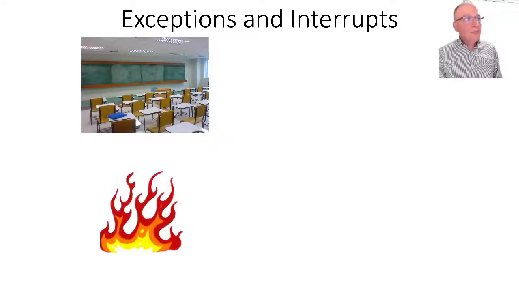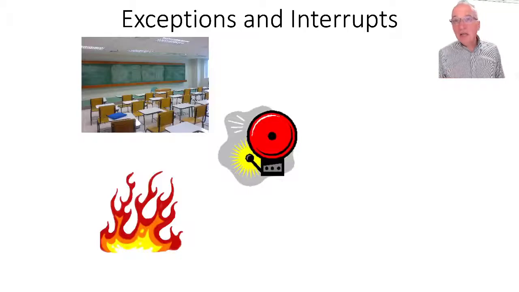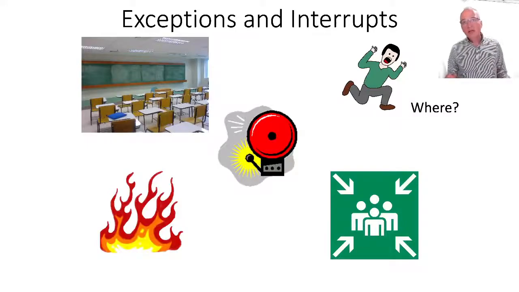The sequence of events is that an alarm will sound, and when the alarm sounds, we're going to have a protocol. Usually we have to leave the room, and then we have to go somewhere. Where do we go? Usually there is some designated meeting point where we should meet when there is an emergency in the building. So this is a normal real-life situation that we all can understand.